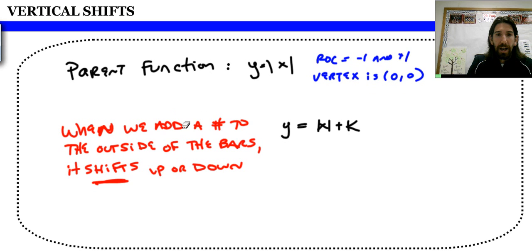When we add or subtract a number to the outside of the bars, it shifts up or down. You absolutely have to memorize this. Okay, you can always make a table, but eventually this needs to become second nature to you, and you need to commit this to memory. Because it's different if I add or subtract a number inside the absolute value bars.